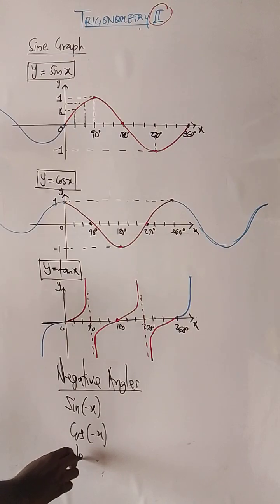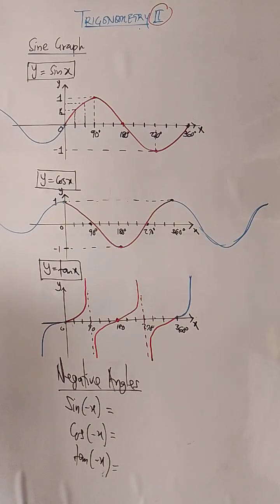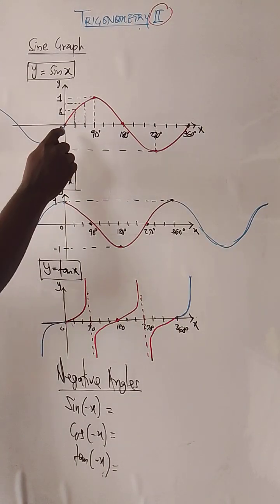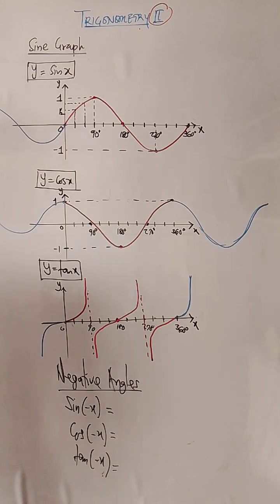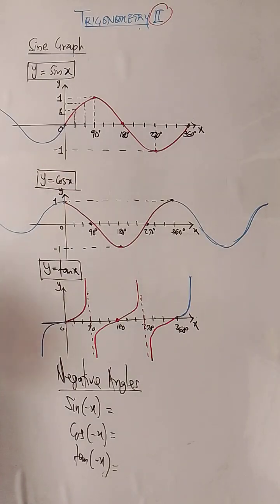The value of tan minus x? We can also actually get that from the graph. So instead of using 30 to 360, let's now use minus 30, minus 60, until we get to minus 360. If you move backward, what are we going to get?